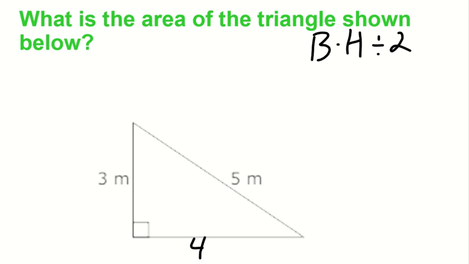So when we have an area problem with Pythagorean theorem, we're looking at the legs, okay? The hypotenuse doesn't matter for area. 3 times 4 divided by 2. 3 times 4 is 12. Divided by 2 gives us 6. Any questions on that? So if they ask you for area, remember area is base times height divided by 2 for a triangle.